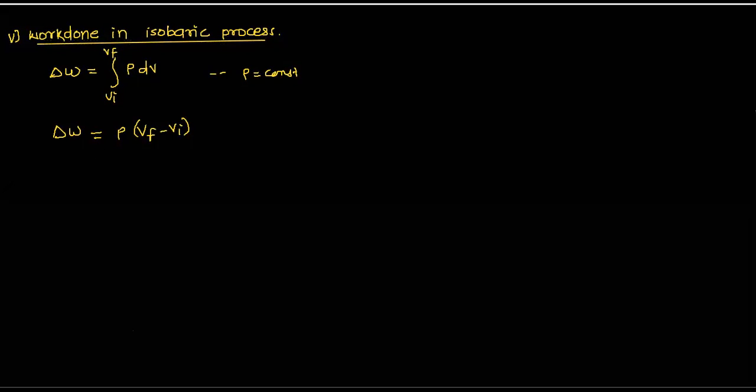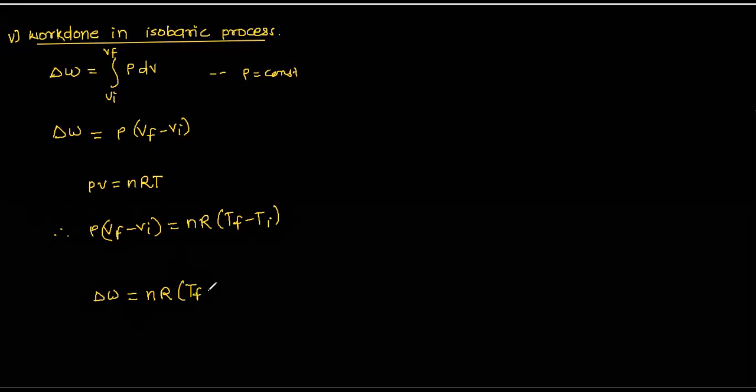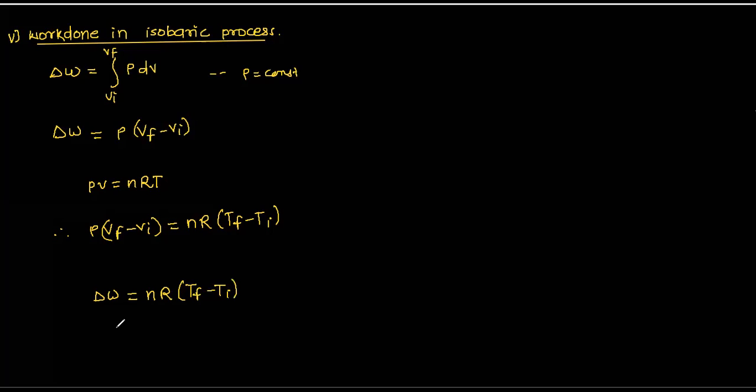Next, we know from the ideal gas equation PV is equal to nRT. So if I want P into (Vf minus Vi), then I should get nR into (Tf minus Ti).